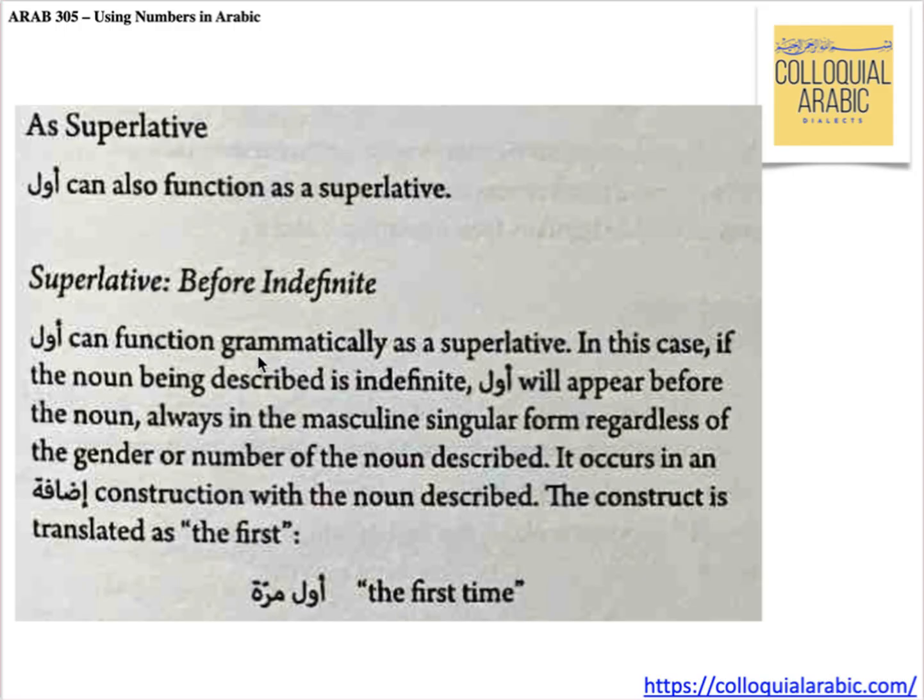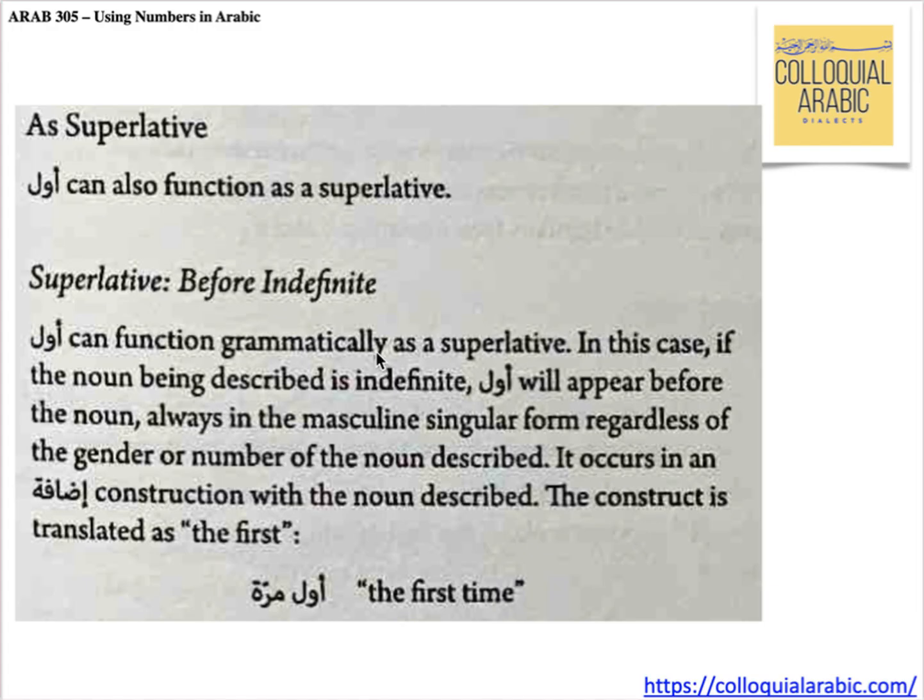Let's look at the use of the number one in ordinal form as a superlative. So awwal can also function as a superlative. There are two cases: superlative before indefinite and superlative before definite. First, let's look at the use of awwal before the indefinite.